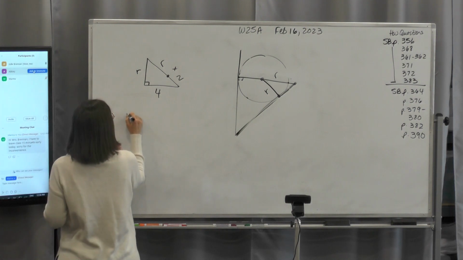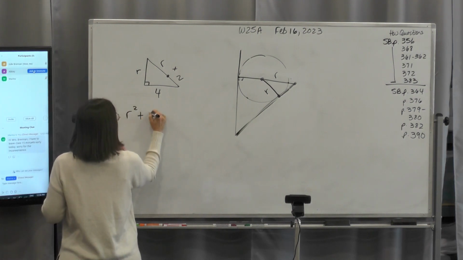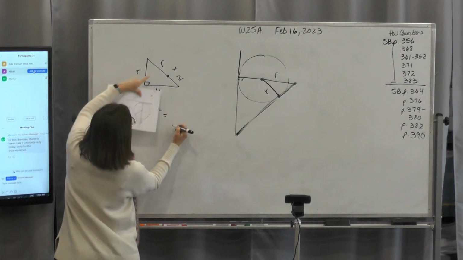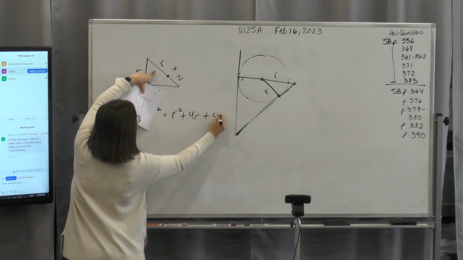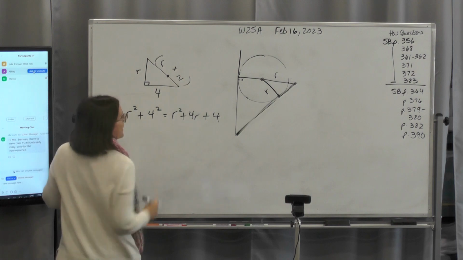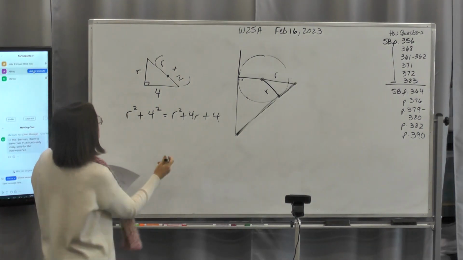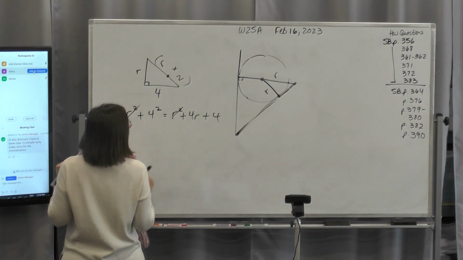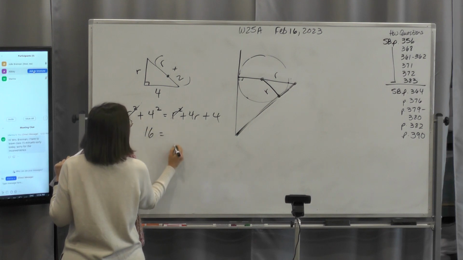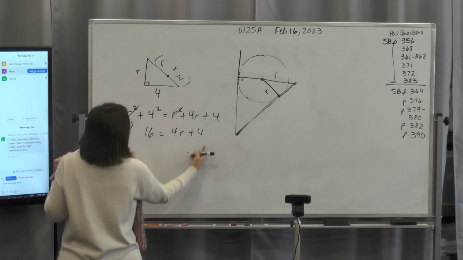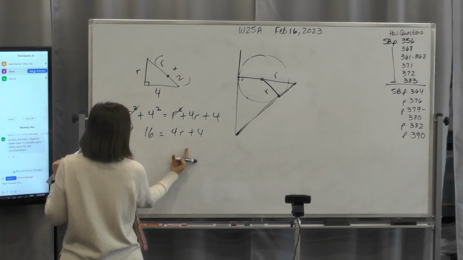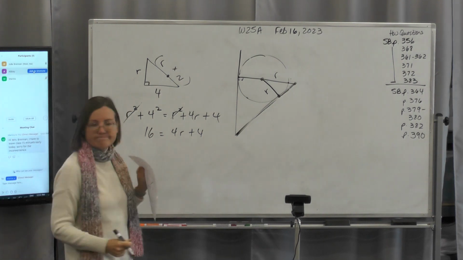But you could say, well, the radius squared plus 4 squared is equal to the radius squared plus 4r plus 4. I'm squaring that binomial. And then you can solve, this goes away. I've got 16 is equal to 4 times r plus 4. Minus 4, 12 is equal to 4r, r is equal to 3.